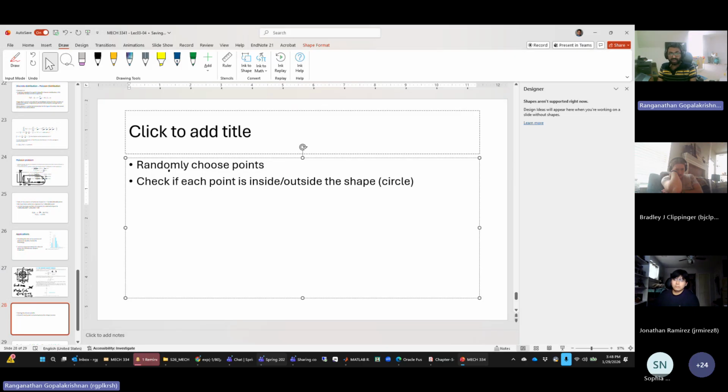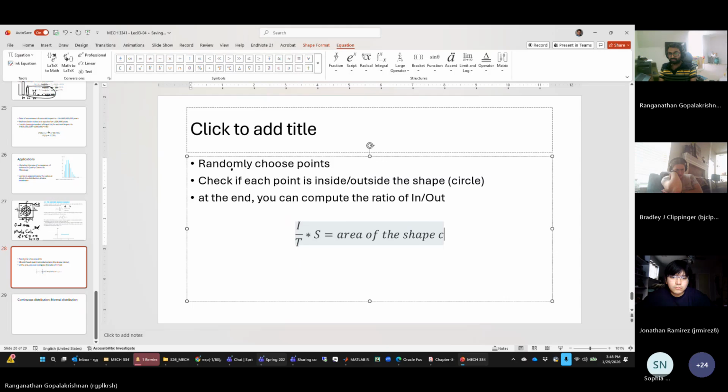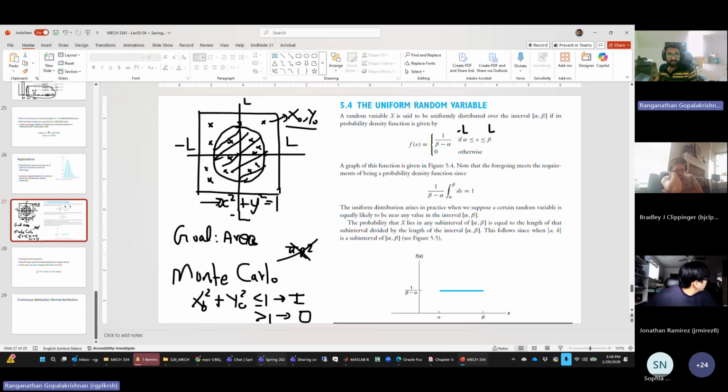And then at the end, you can compute the ratio of in versus out. So the number of ins divided by the total, multiplied by the area of the square, will give me the area of the shape that I'm seeking. I'll bring this picture here.